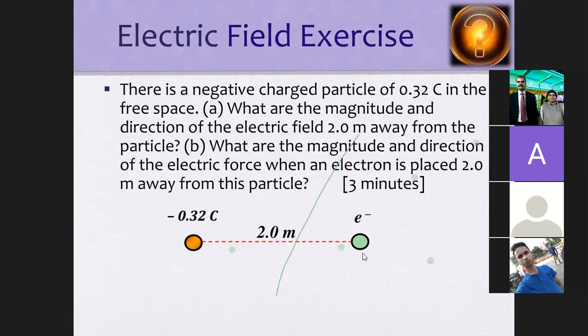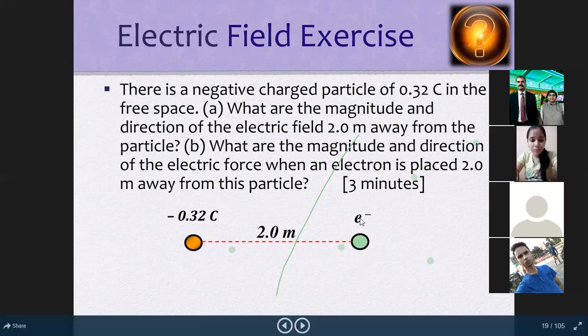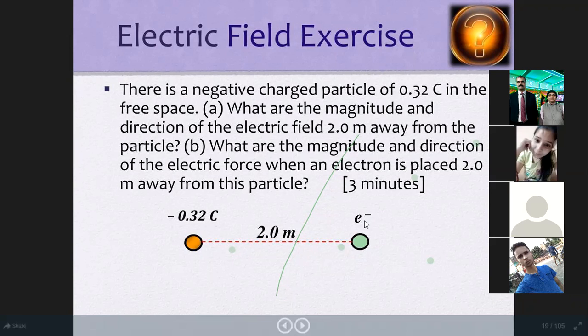E into q या q into E। तो पहले फर्स्ट वाले क्वेश्चन में जो हमने इलेक्ट्रिक फील्ड निकाला है, उस इलेक्ट्रिक फील्ड से इस इलेक्ट्रॉन की चार्ज को मल्टीप्लाई कर देंगे, तो हमें निकल आएगा इलेक्ट्रिक फोर्स। और चूंकि ये भी नेगेटिव है, ये भी नेगेटिव है, तो लाइक चार्ज रिपेल ईच अदर, तो इसका डायरेक्शन किधर की ओर होगा? इट्स डायरेक्शन विल बी अवे फ्रॉम द source charge.